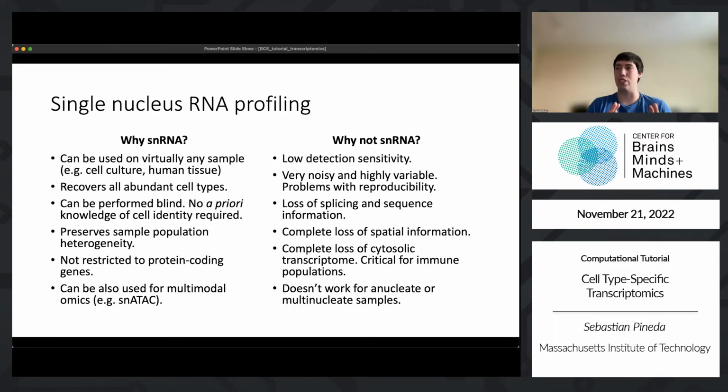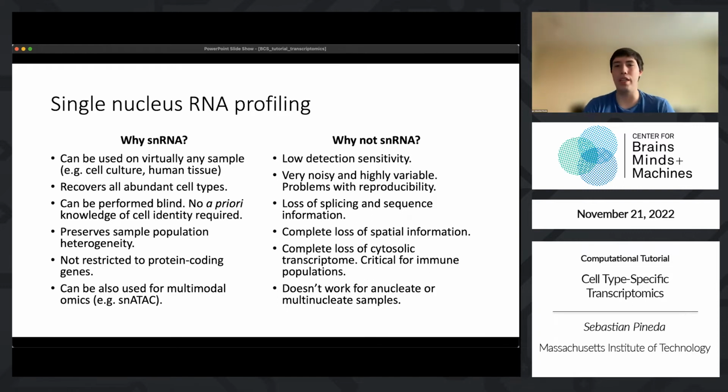Just for example, with GFAP expressing cells, we're not going to see the difference between the protoplasmic and the interlaminar and the fibrous astrocytes, but here we will see that. And we recover anything that's polyadenylated, and that's not restricted exclusively to protein coding genes. So we get a lot of antisense genes, pseudogenes, long non-coding RNAs, and you can also do this multimodally. So from the same nuclei, you can also get DNA.